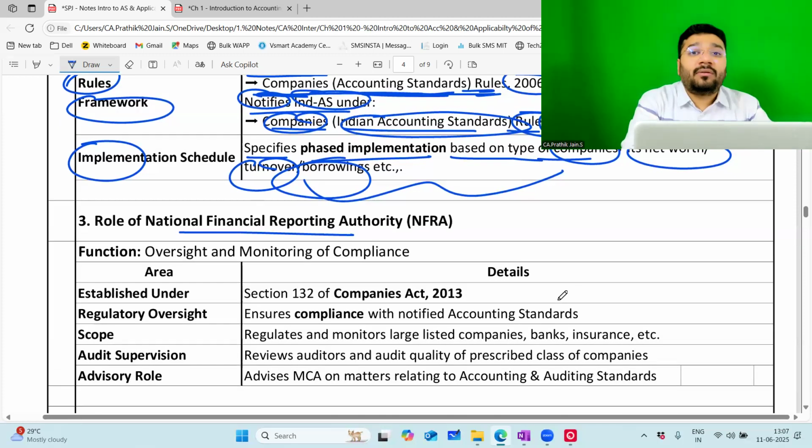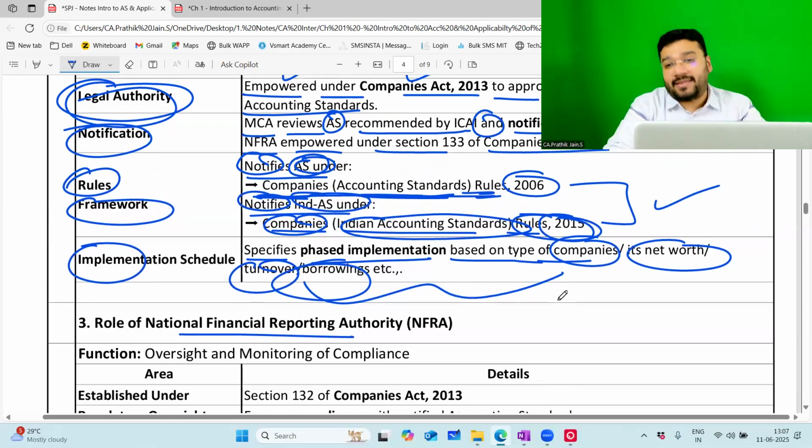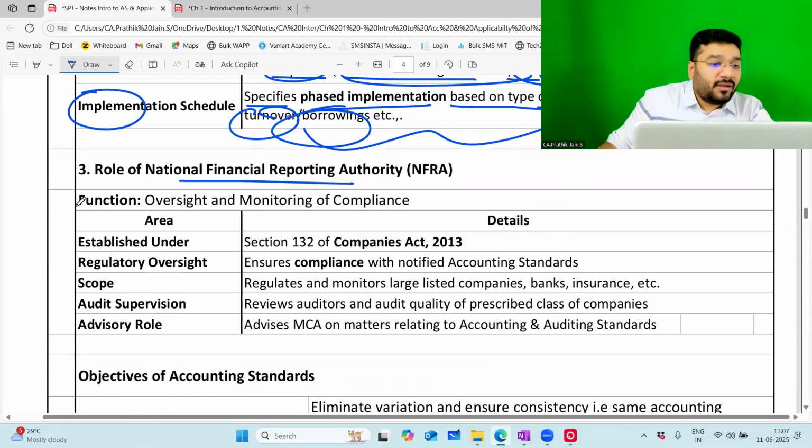For non-corporates, ICAI's issue is sufficient. But if you want AS to be implemented on the companies, corporates, then ICAI has to recommend it to MCA. MCA will take the consultation from NFRA and then MCA will notify accounting standards in the Companies Accounting Standards Rules 2006. Now clear?